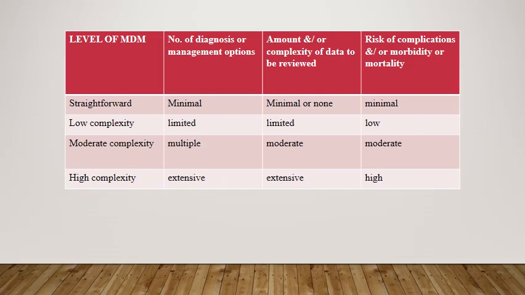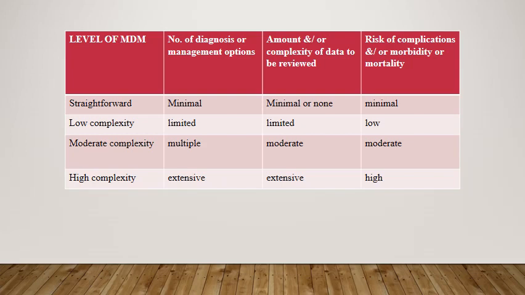Don't be worried. Okay. Now, after finding out how to identify the level of MDM, I will explain with an example. If in the problem table we got limited, in the data table we got limited, and in the risk table we got low, our level of MDM will be low complexity because all 3 are limited, limited, low.